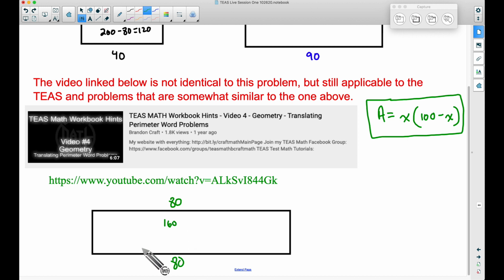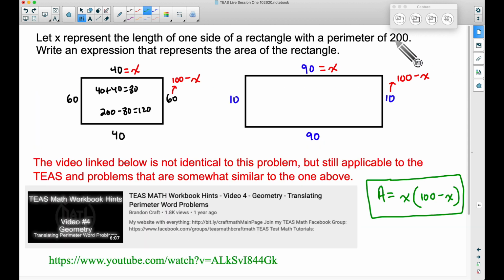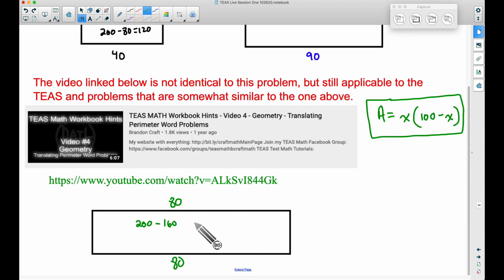If you take 200, our perimeter was 200, right up here, and subtract 160, we get 40. And if you take 40 and divide it by 2, this will give us 20. That means this side needs to be 20 and this side needs to be 20.